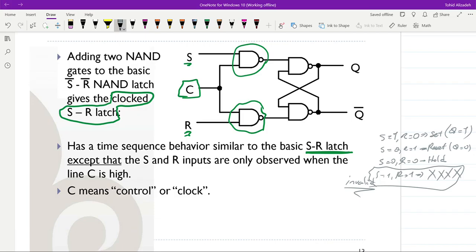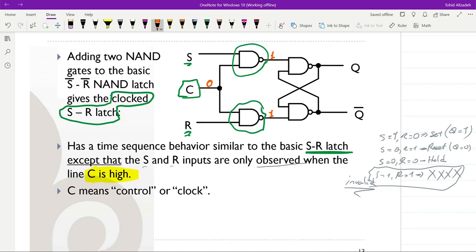But now the S and R inputs are only observed when C is high. C here is the control or clock. You can see that I can show it to you here. If C becomes equal to 0, at the output of the NAND gate here we will have 1, and here we will have 1 at the output of the NAND gate.